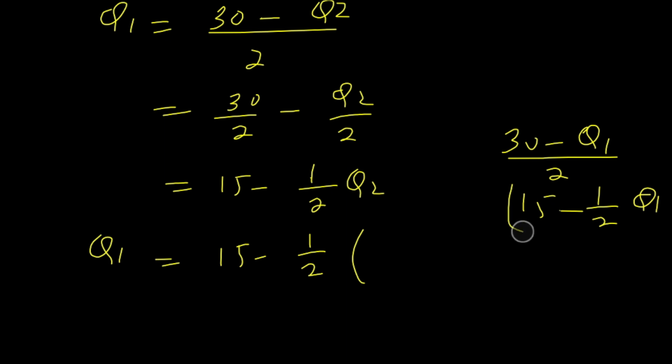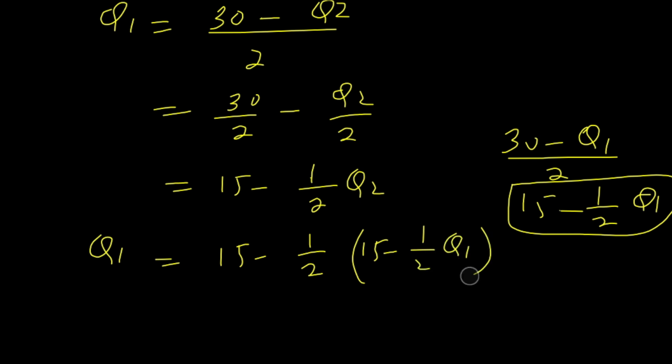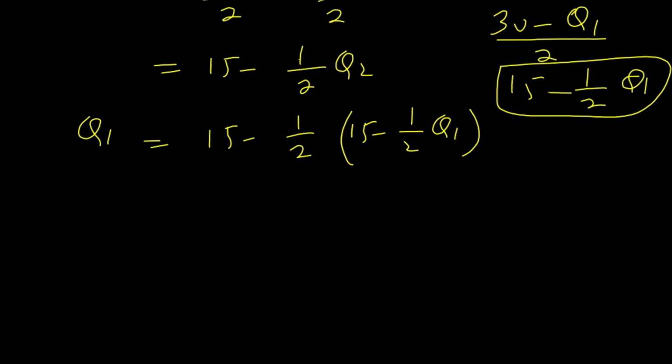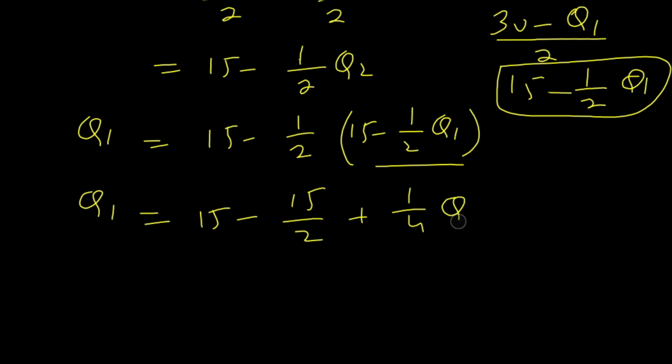So we can put this value of Q2 here. So 15 minus 1 over 2 Q1 is the value of Q2, so we can put this value in this equation. So okay, we can further solve it. Q1 is equal to 15 minus 15 by 2 plus 1 over 4 Q1, and further we can move this value to the other side of the equation.